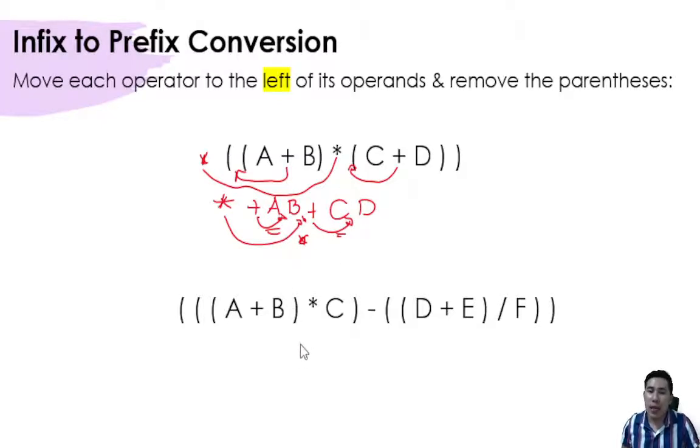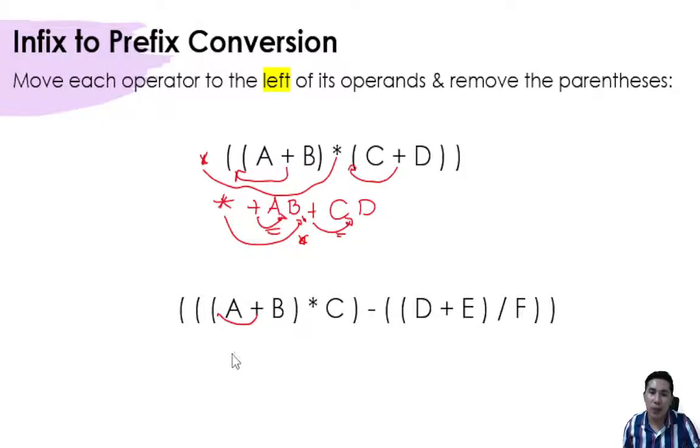How about here? In this expression we have A plus B times C minus D plus E divided by F, which is in a fully parenthesized expression. For this, you just need to shift the operators.